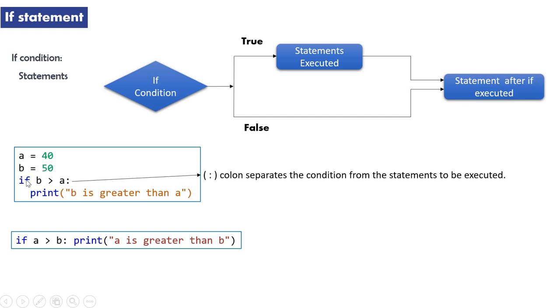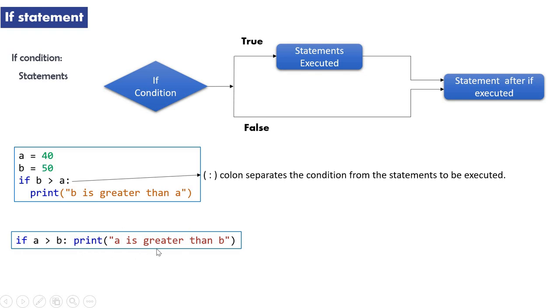And if you want to write this whole if condition and the statement in a single line, in shorthand, then you can write: if a is greater than b. In that case you will understand the meaning of the colon. This is the condition, then the colon, and then this part is to be executed, right?